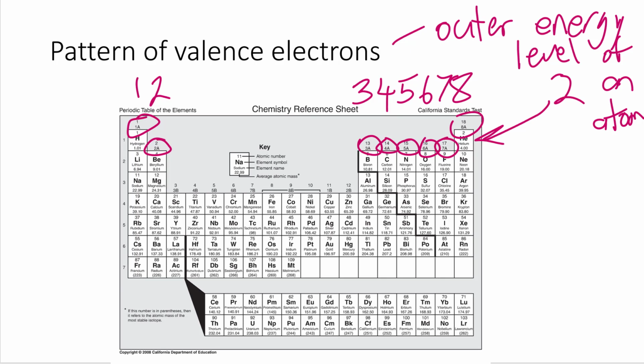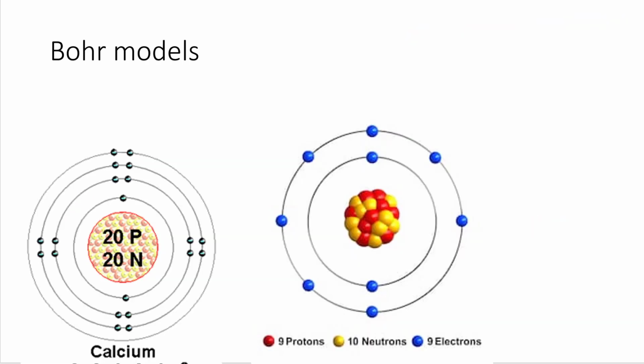Helium only has 2 electrons total, so it can't have 8 valence electrons. But if you look at all the other atoms, Li has 3 electrons total, but it has only 1 on the outside, on the outer energy level. Sulfur has 16 electrons, but 6 of them are on this outer energy level. You know this from doing these Bohr models that we did in class.